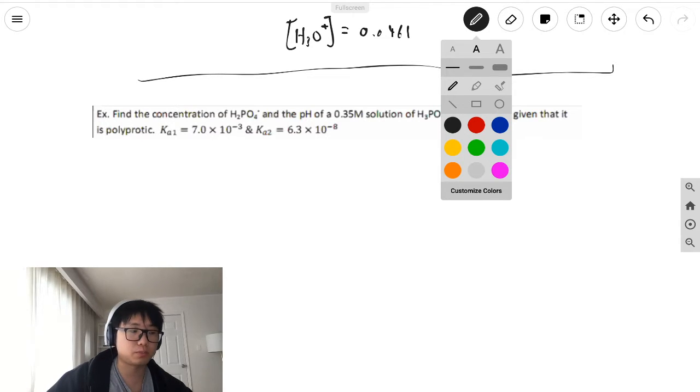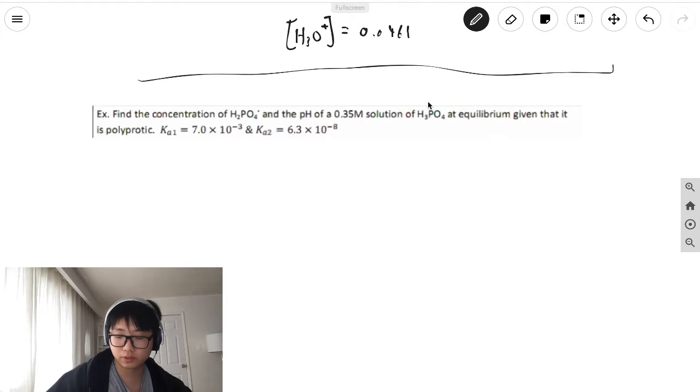So polyprotic means you have more than one proton to dissociate. Something like HCl is monoprotic because it only has one hydrogen. Something like H3PO4 could be polyprotic because you have more than one.